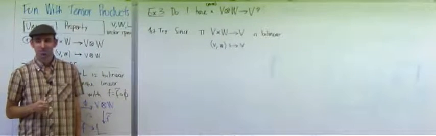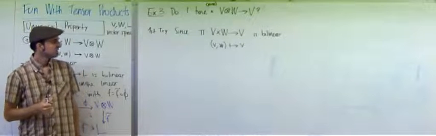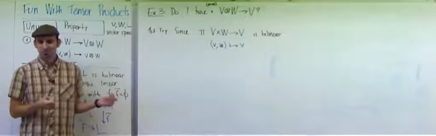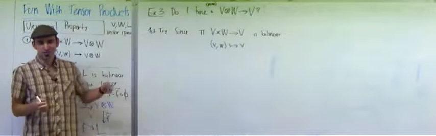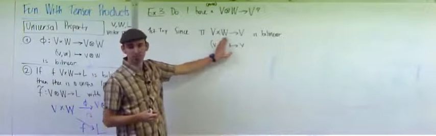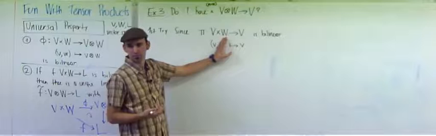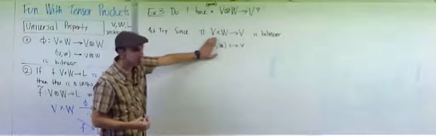But wait, let's actually check. This seems like it could be bilinear, but you always have to check. If you fix W, is this linear in V? Yeah, because it's just the identity map. If you fix V, is this linear in W?